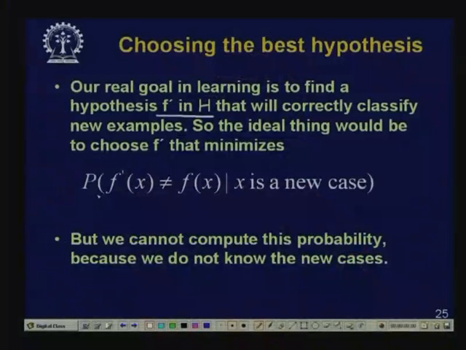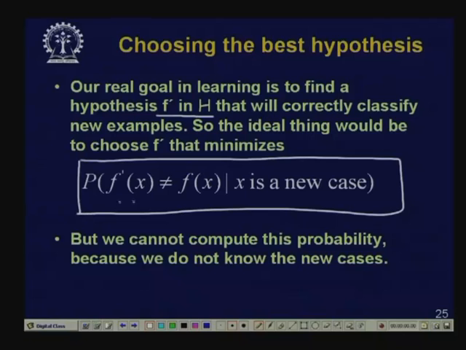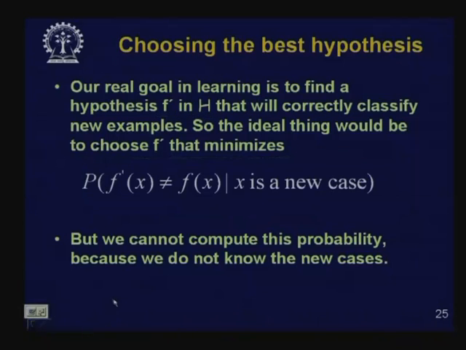So, the ideal thing would be to choose that hypothesis f' that minimizes the probability that f' misclassifies the concept. So, f is what we are trying to learn, f' is what we have. So, we want f and f' to be very close, but we cannot compute this probability because we do not have all the cases with us.